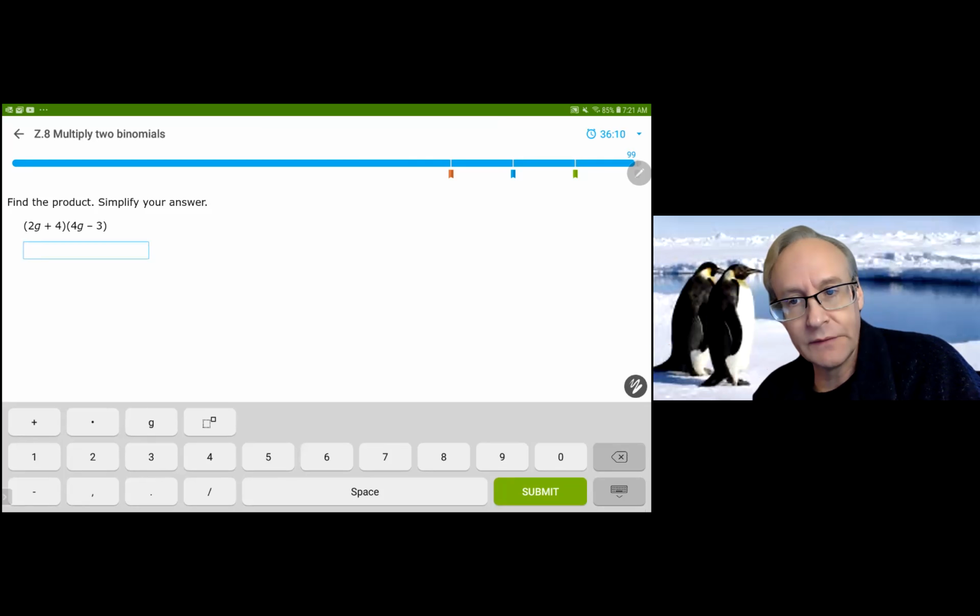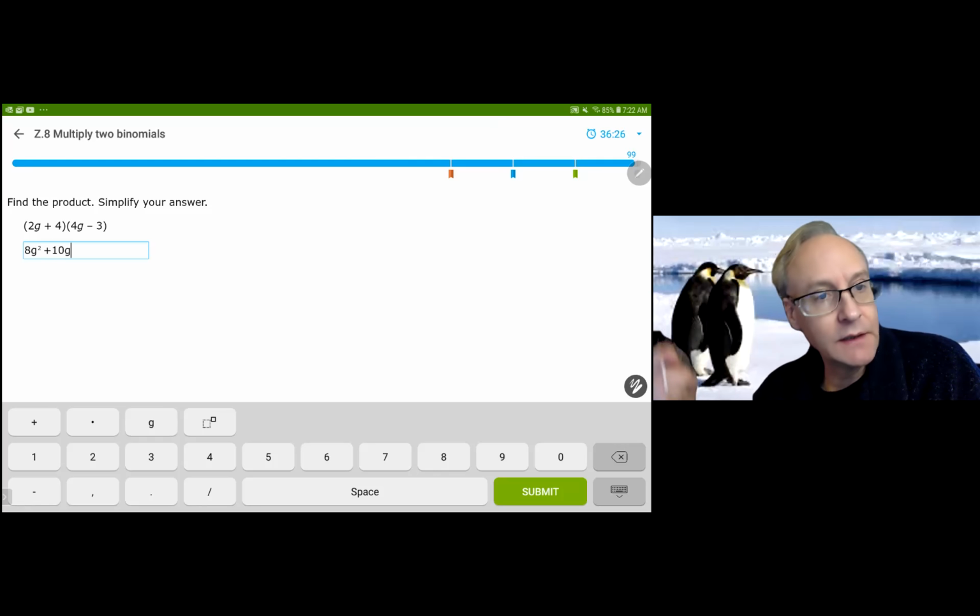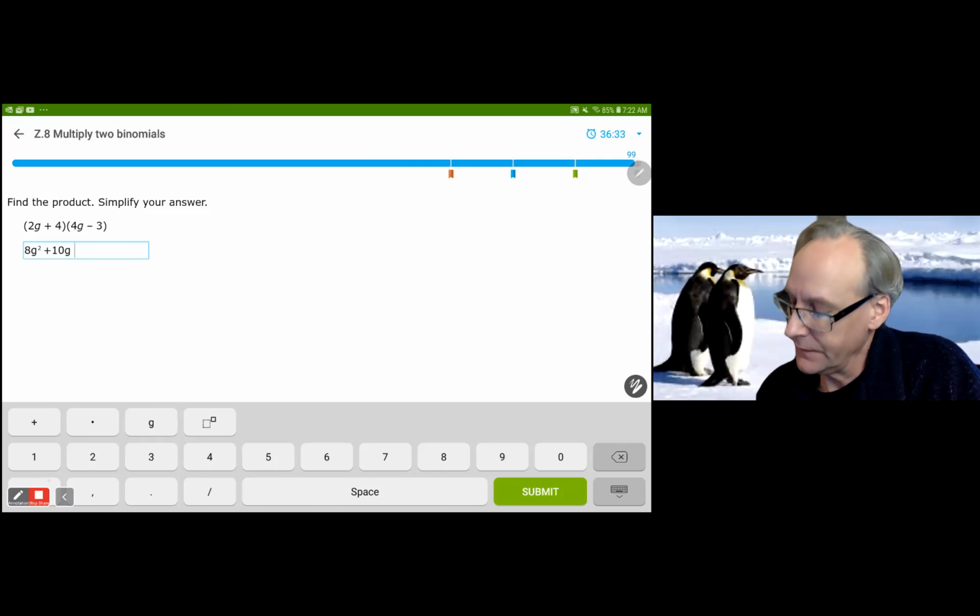And the minus 12. Okay? It needs to be that easy. 8g squared. The plus 10g in the middle. You need to be able to see it in your mind's eye. You don't want to just be able to write it down. You need to be able to do more than that. And the last part is minus 12, of course.